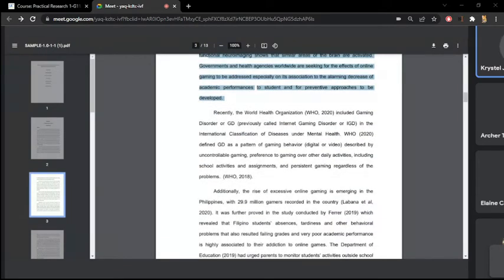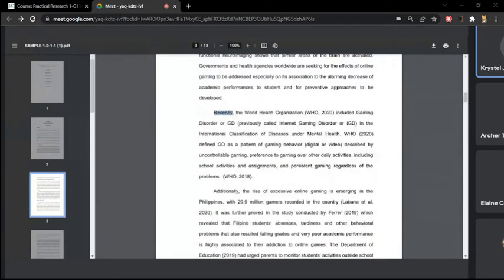Then followed by the international statistics from WHO 2020. They classified gaming disorder as a disease under mental health in 2020, and they described it as an uncontrollable preference to gaming over daily activities, including school activities and assignments.